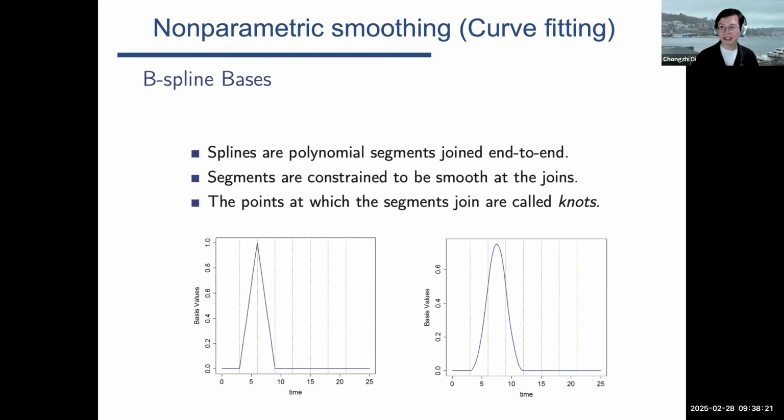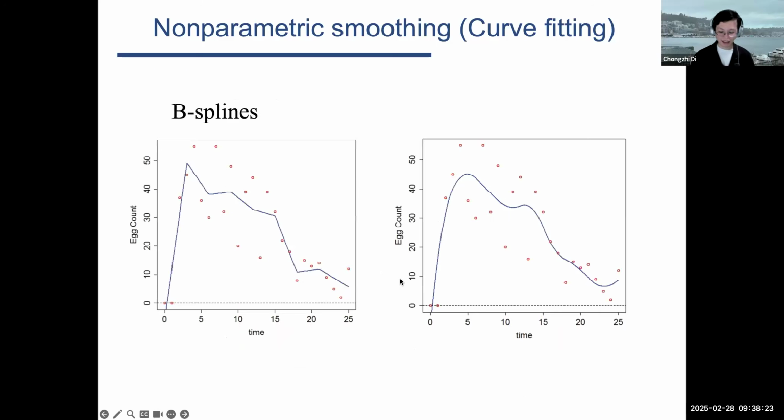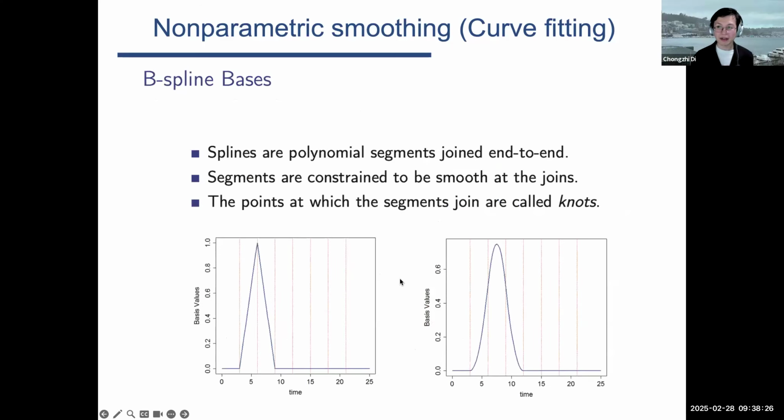The B-spline basis is sort of a modified version of polynomials. The idea is you divide the time that you're considering, in this case from 0 to 25, into many small intervals. Then you construct basis functions which are non-zero only in a few of these intervals. For example, one basis function has zero values here, but is non-zero in this interval and becomes zero otherwise.